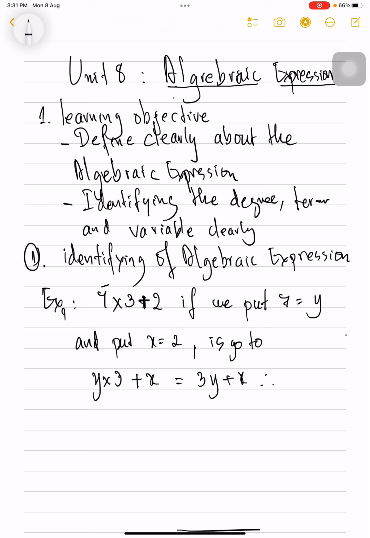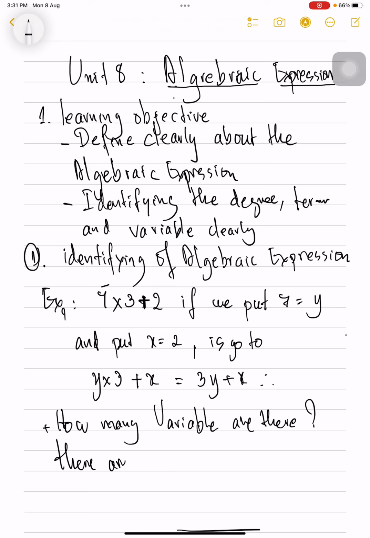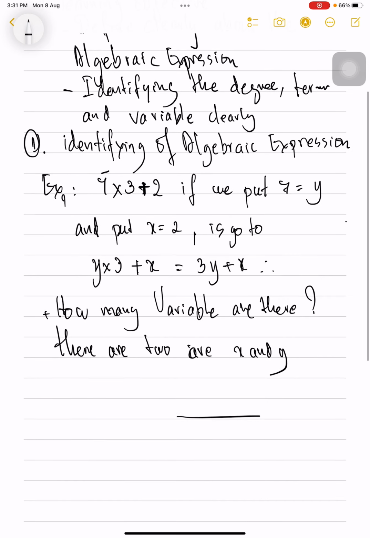Okay, how many variables are there in this expression? In this expression, there are two variables, x and y. And how many terms?